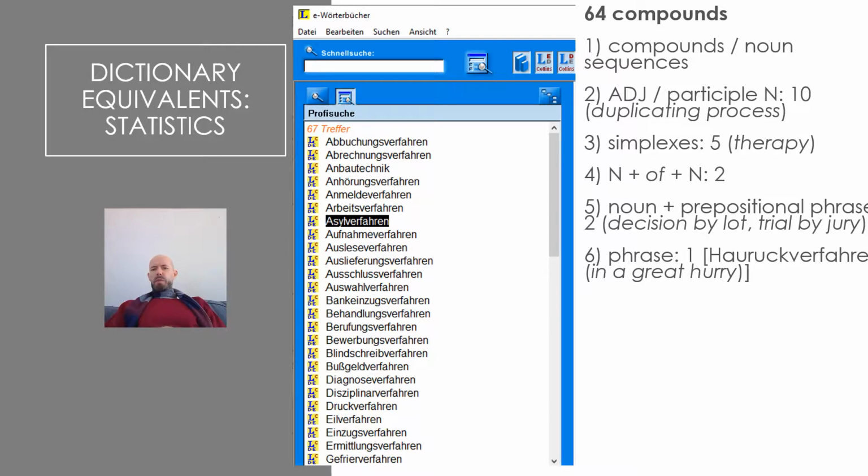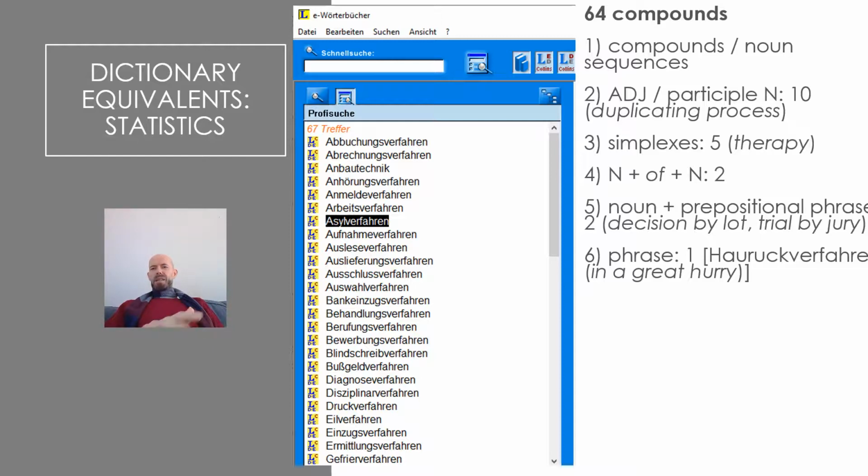The most frequent rendition is simply translating a compound by a compound. But of course, we have to remember we're talking about dictionary equivalents here, and dictionaries usually record what you might call frozen examples of usage. So this doesn't necessarily mean that compounds are as frequent as you find them in the dictionary.